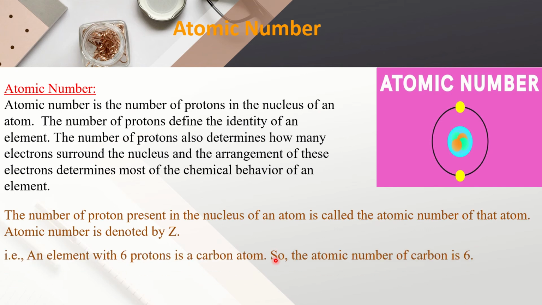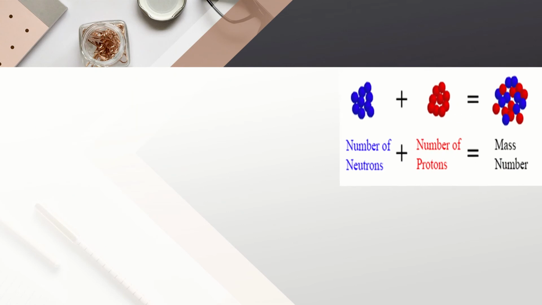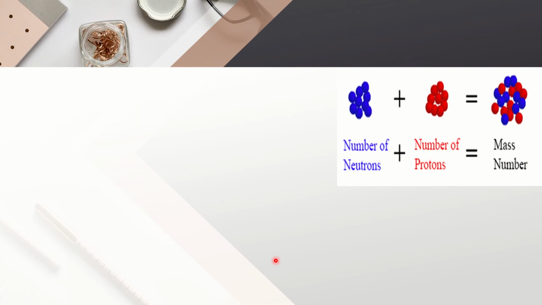For example, there are 8 protons in oxygen atom, so its atomic number is 8. 6 protons in carbon, so its atomic number is 6. 11 protons in sodium, so its atomic number is 11. And now mass number. You know, the summation of proton number and neutron number is the mass number of an atom.